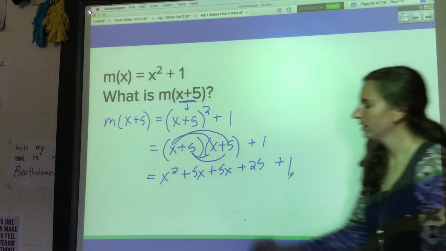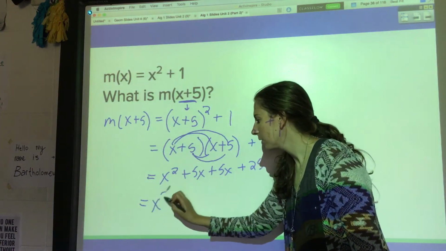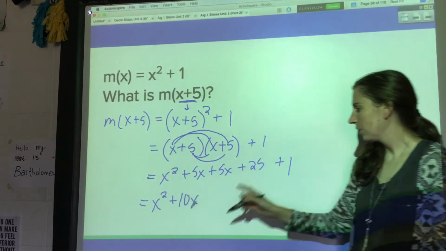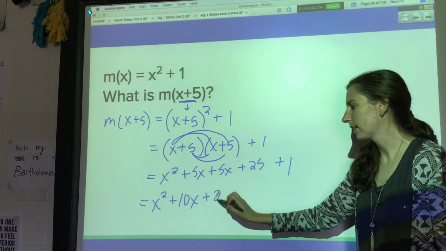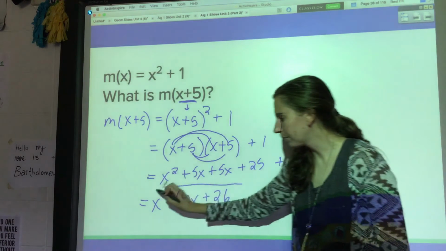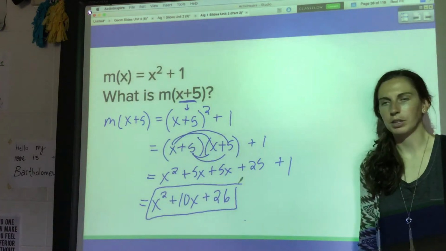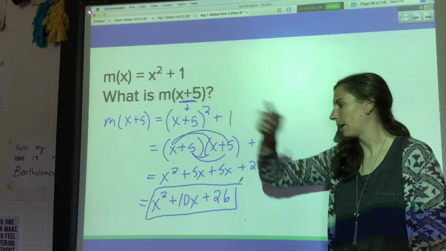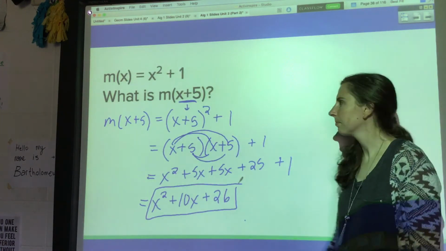And then I'll combine some like terms. So x squared, 5x and 5x makes 10x, 25 plus 1 makes 26. So that's my final answer. That's the output here. Notice my input had some x's in it, so my output has some x's in it.